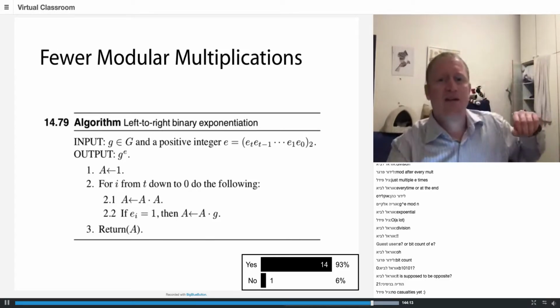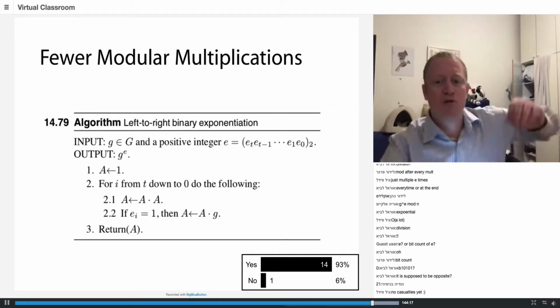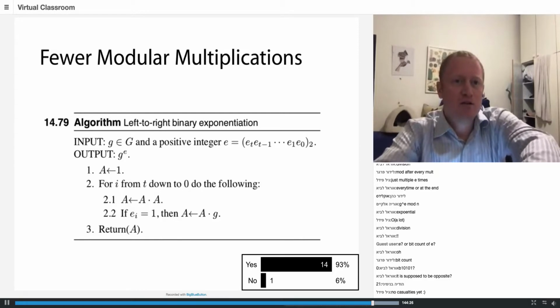Okay? And now I'm going to look at this bit. It's 0, so I'm going to skip it. And then I do it again. It's going to be G to the power of, right? And then I do A times G. It's going to be equal to G to the power of.